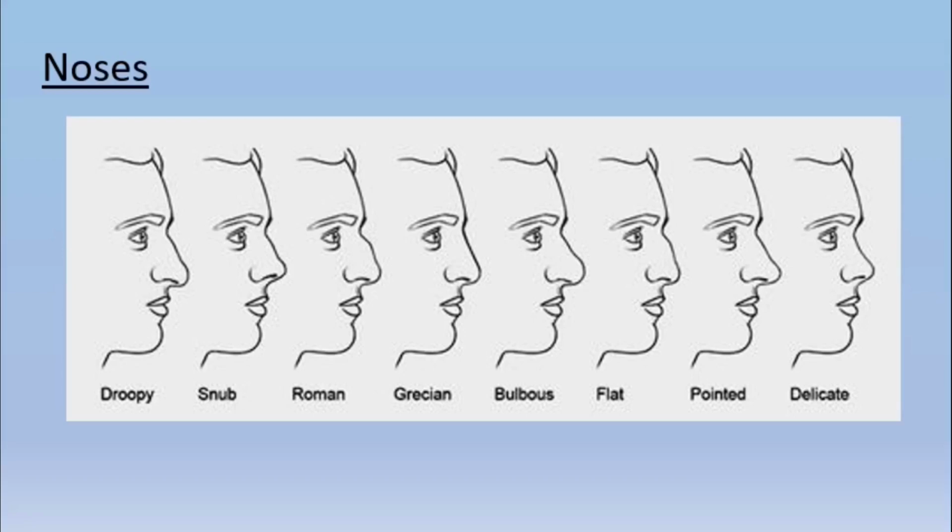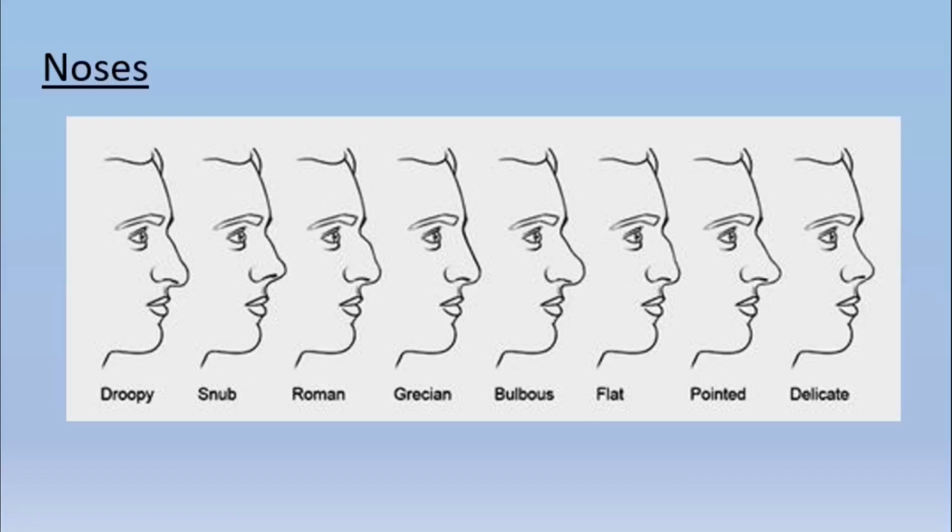When we describe noses, we talk about the size first, and then the shape and quality. He has a big, droopy nose. His nose is short and snub. He has a large Roman nose.